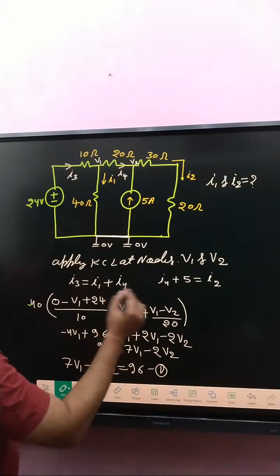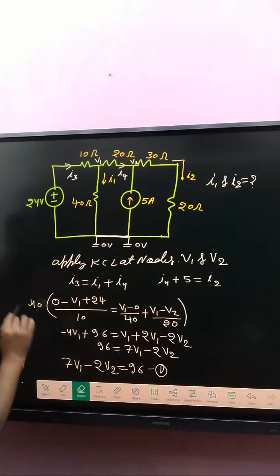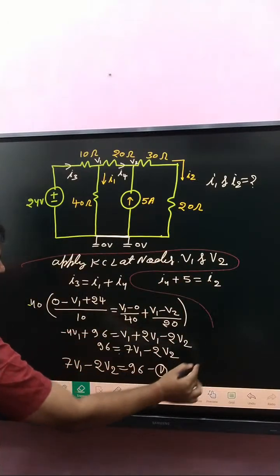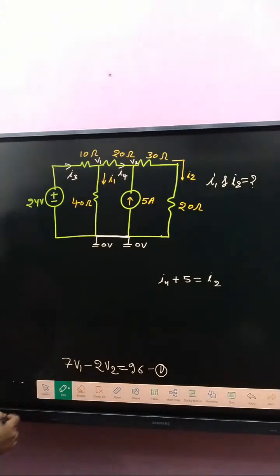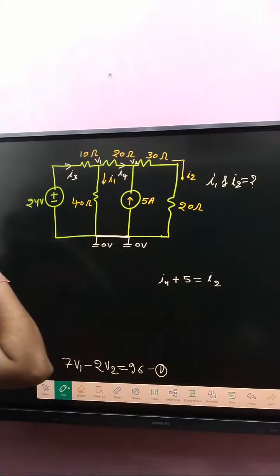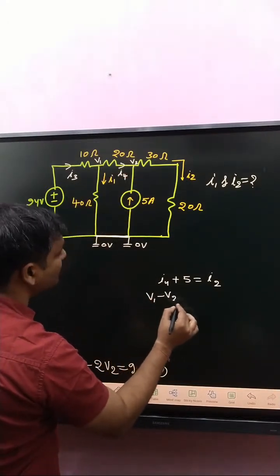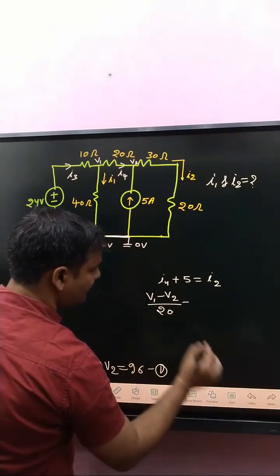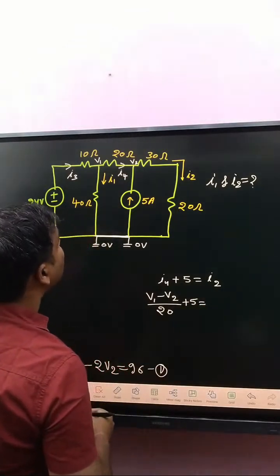Now next step, we are going on here, so I will remove this. Due to space problem, that's why I4 is written V1 minus V2 divided by 20, this big, plus 5, this will be equal to, what about I2?